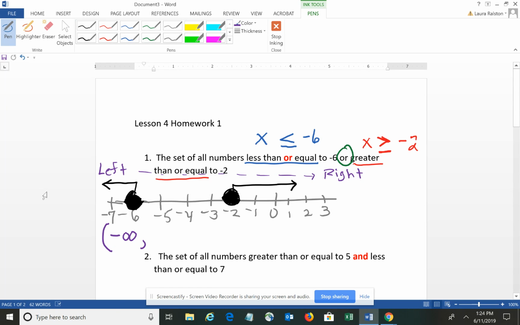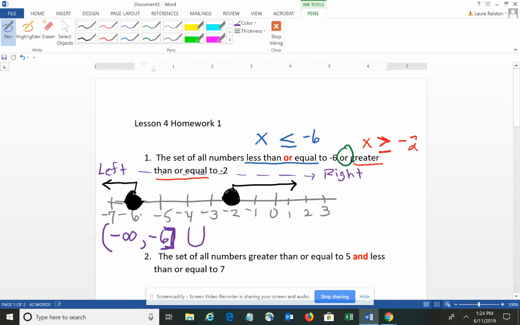And then we can use all the numbers until we get to -6, and we can include -6, and we show that in interval notation by using the square bracket. Whenever you have an equal to or a colored-in dot, you're going to use the square bracket. Or, the symbol for or is this funky-looking U. It's from set theory. It means or.